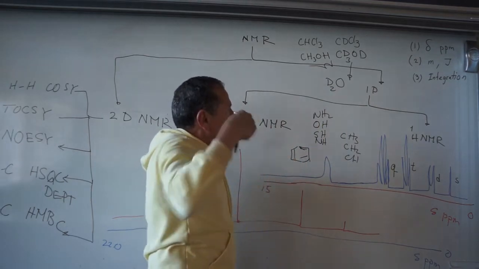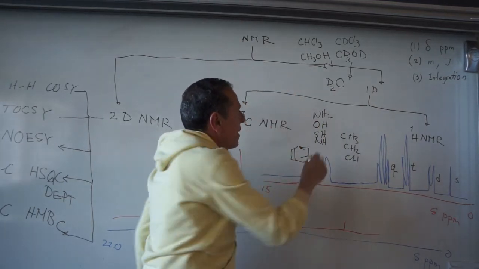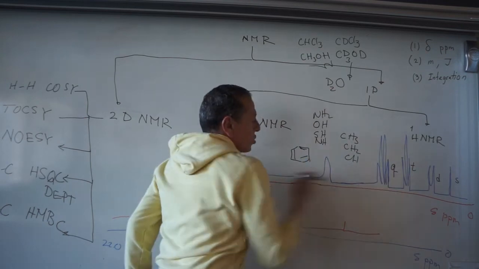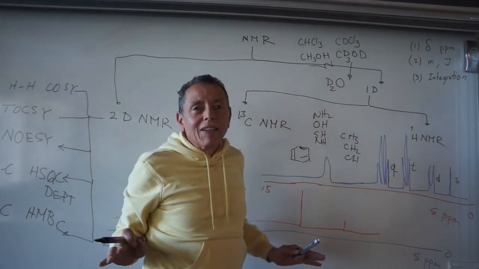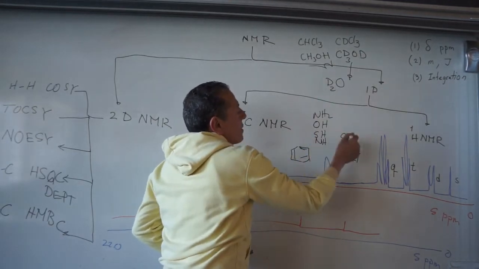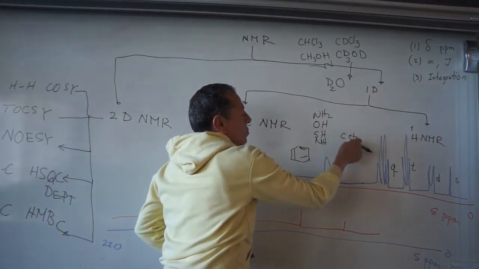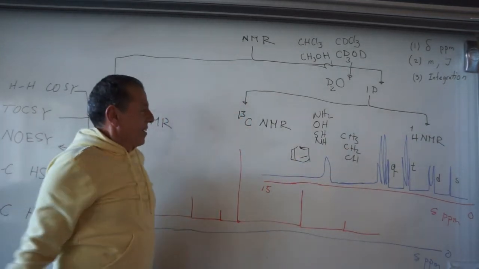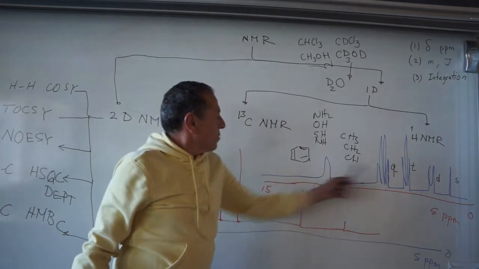If you add 1 drop of D2O and rerun the sample again, then the peak of the functional group will be exchanged or will disappear. This is the proof of the functional group. But the D2O doesn't influence CH3 or CH2 or CH, aliphatic or aromatic. Right, so this is the difference between the two peaks.